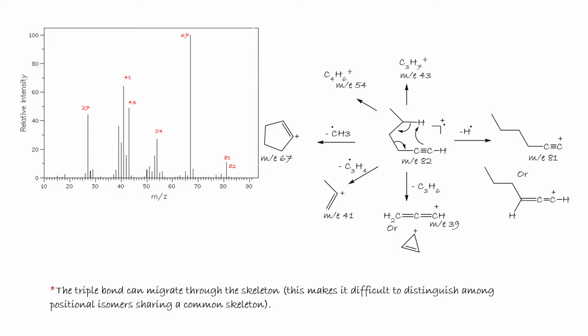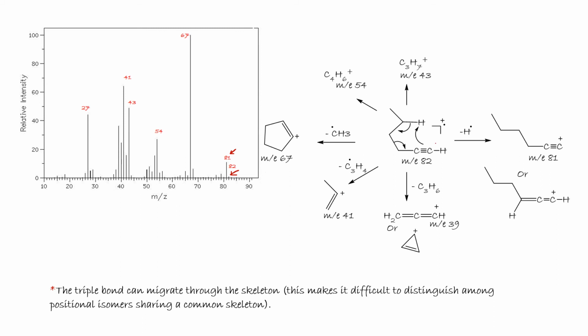Let's see the mass spec. We have here a very small peak for the molecular ion, as expected for an alkyne, especially a terminal alkyne. Here is 81, loss of hydrogen.